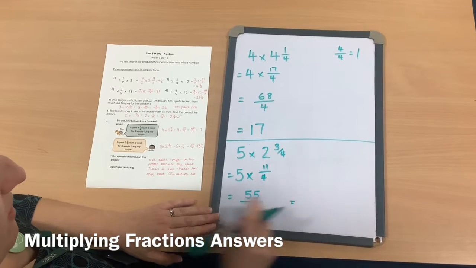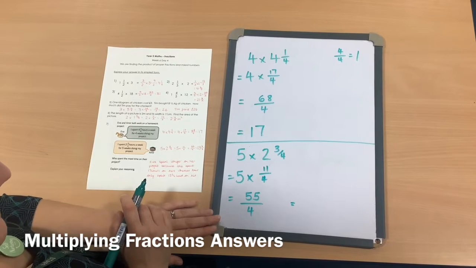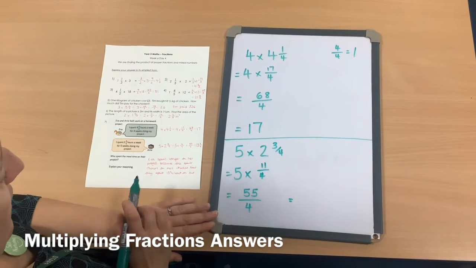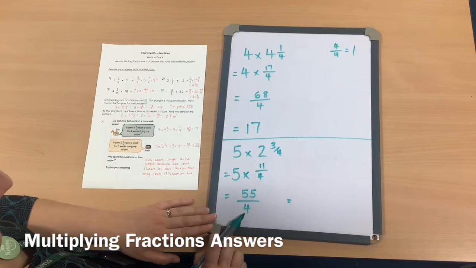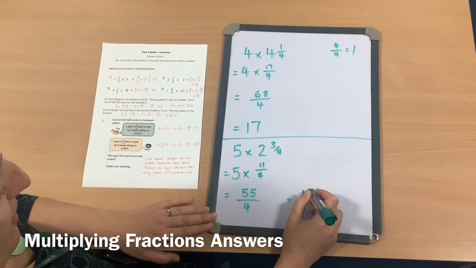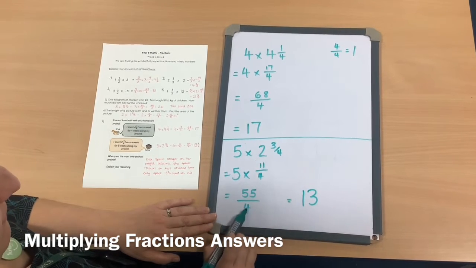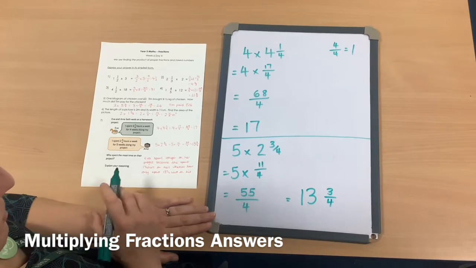So this time I know that 55 isn't a multiple of 4 because it's odd. So I'm going to have a mixed number. I know that 4 times 12 is 48, and then another 4 is 52. So I'm going to have 13 whole ones because 13 4s are 52, and then there's 3 left, 13¾.